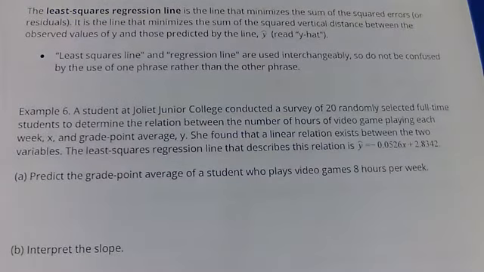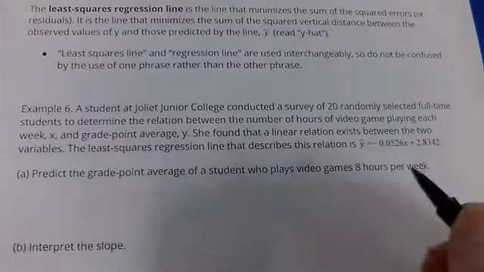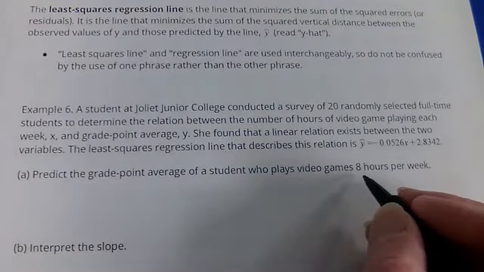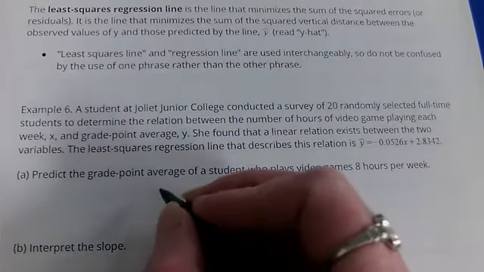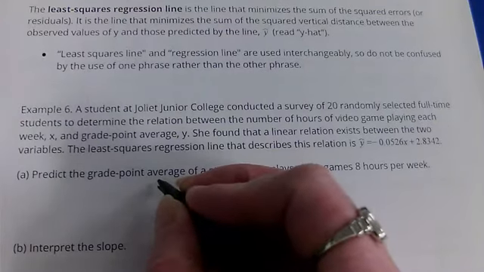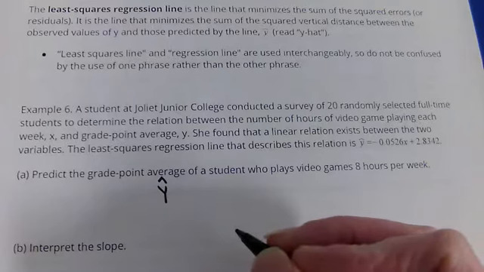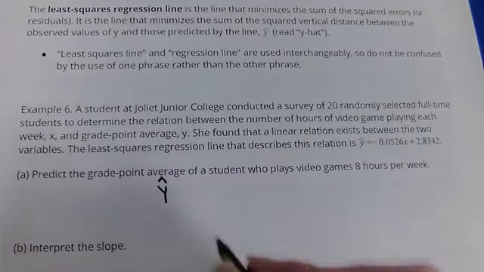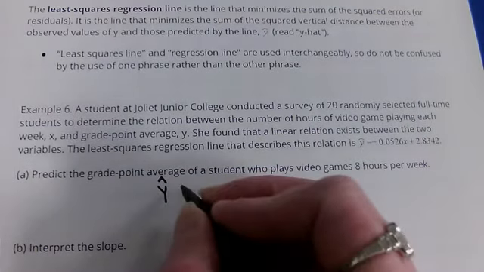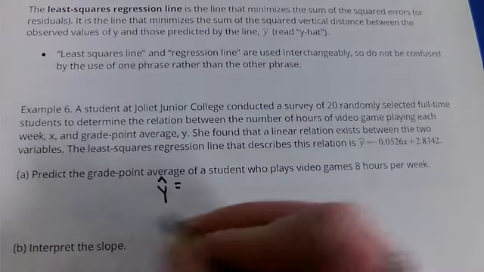Well, sure we could. To make a prediction using a regression line, all we're actually going to do is plug our x value into this regression line. Remember, this y with a hat means this is our prediction for a y value. It's not the actual y value, it's just a prediction.